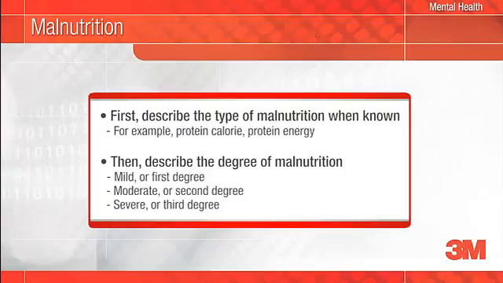For example, mild, moderate, or severe, or first, second, and third degree. Your notes should include clinical findings such as patient with terminal cancer, 20-pound weight loss, and cachexia, and any supporting labs such as low albumin.